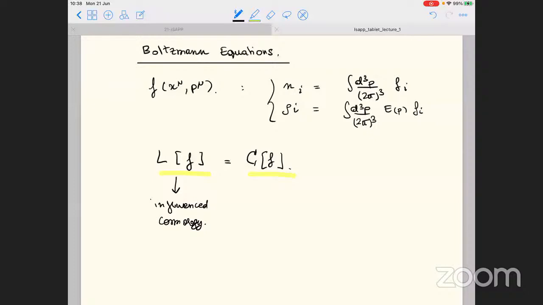Or you could have a late inflationary period where you also have a period of early matter-dominated era. I won't have time to go through this, but if you are interested, you can ask, and I can give you some references about that. Another point is that the collision term is essentially influenced by the interaction of your dark matter with the rest of the world.